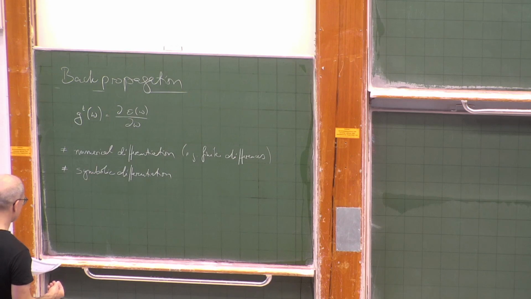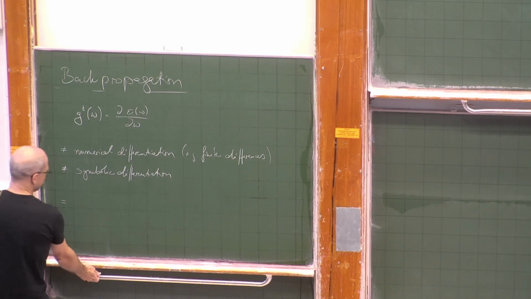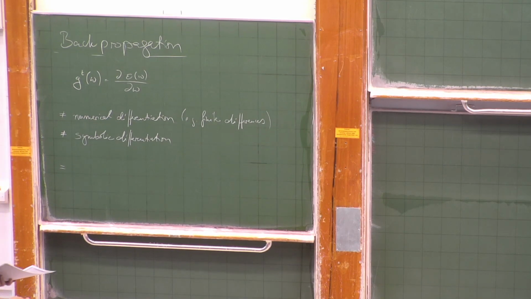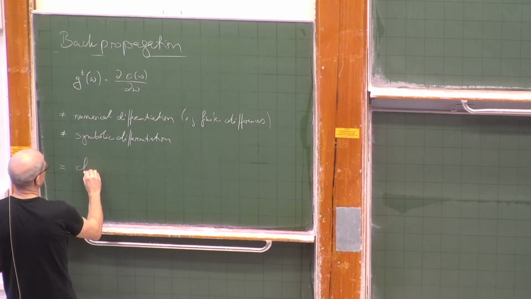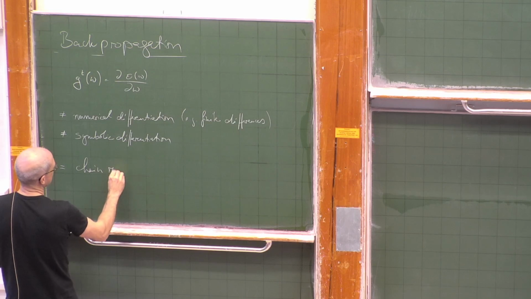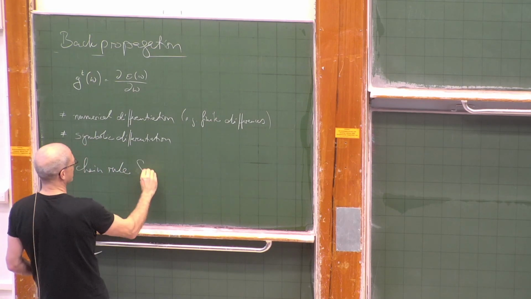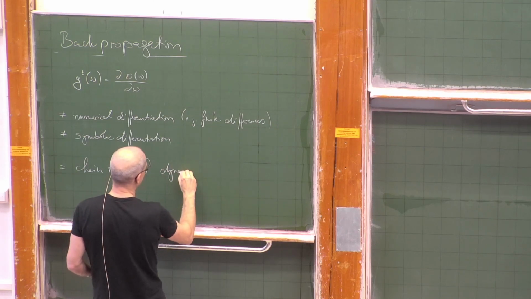What it is instead is the use of chain rule combined with dynamic programming. So maybe I should put a heart or something. It's the marriage of chain rule and dynamic programming.